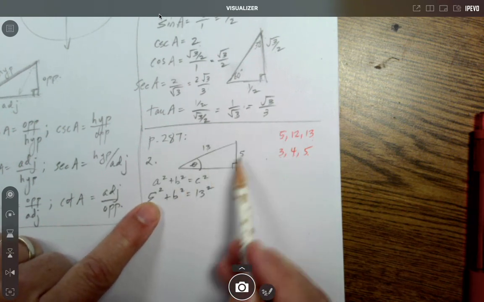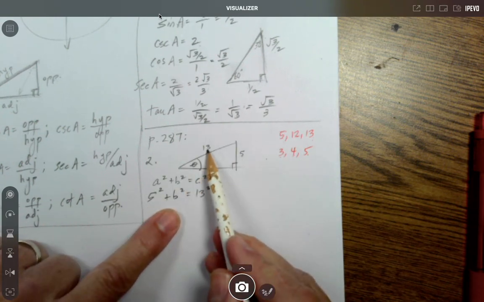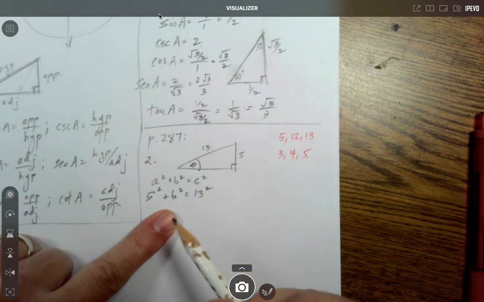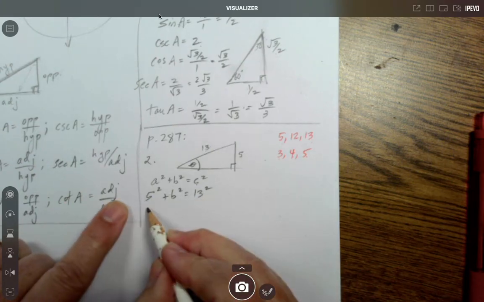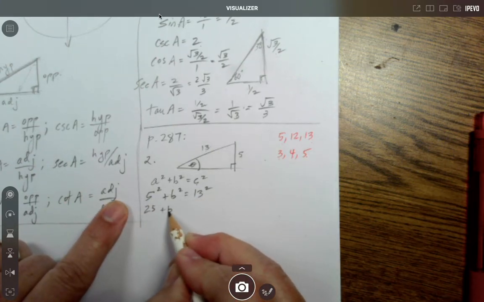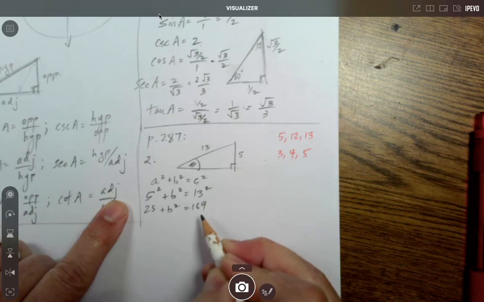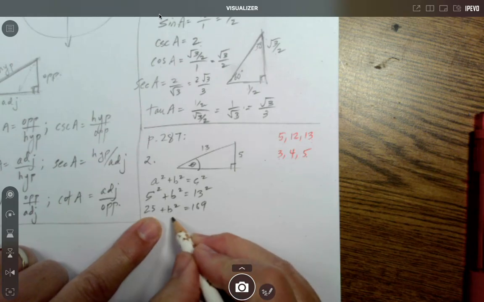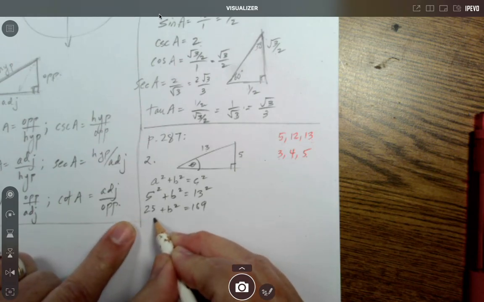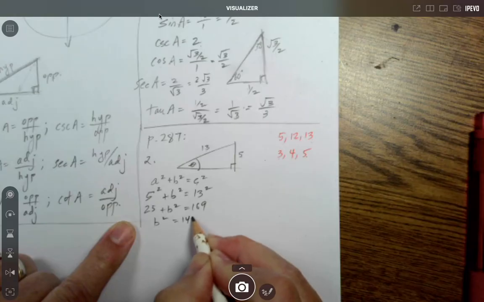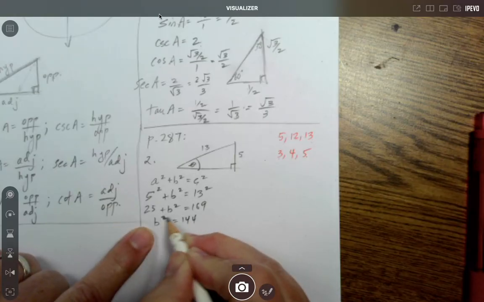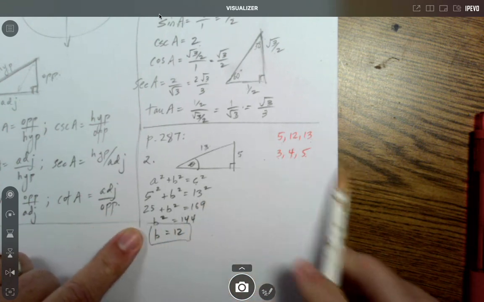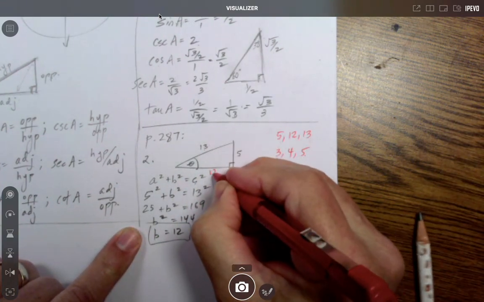I could have made 5 the b, but what's for certain is 13 is the c, because it's the longest side, and c is always the longest side, which is the hypotenuse. All right, so now this gives me 25 plus b squared is 169, and then I subtract 169 minus 25, and when I do that I get b squared is 144, and the square root of 144 is 12, so b must be 12. All right, so now I've figured out that third side that I didn't know.